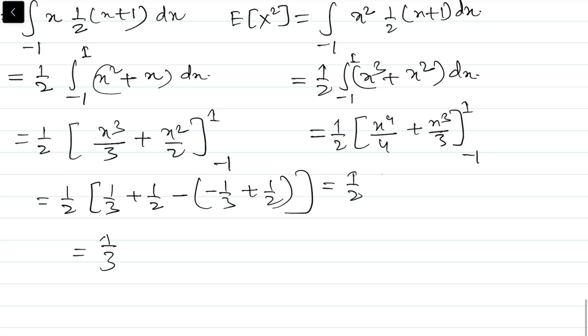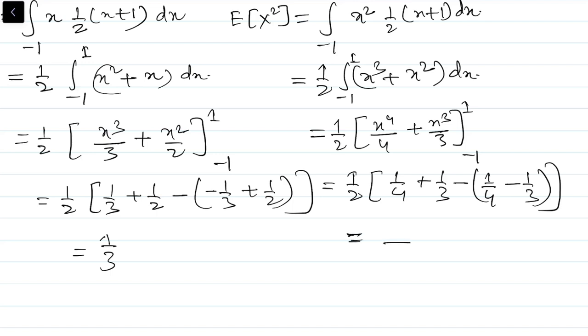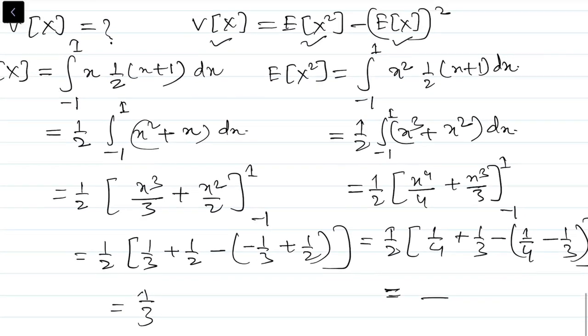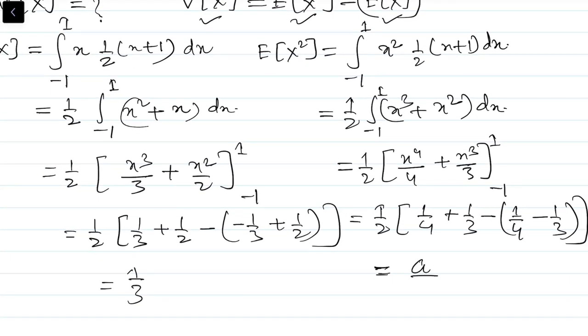Now you can substitute the values, 1 over 4 plus 1 over 3 minus (1 over 4 minus 1 over 3). You can solve this and you'll get some answer. Suppose this is a, I don't know the answer, you can calculate this.